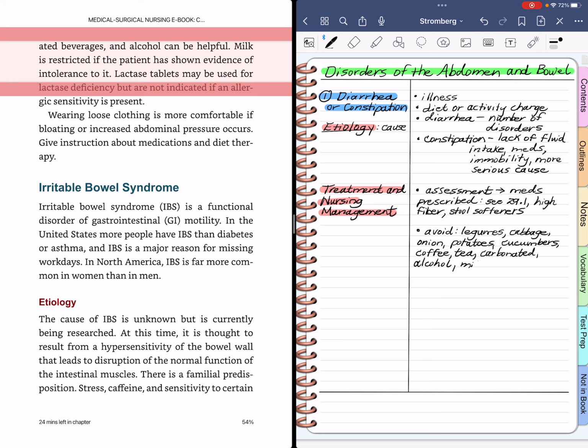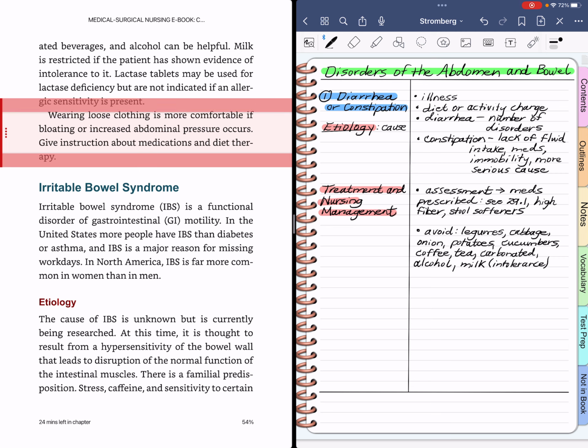Milk is restricted if there is intolerance to it. Your instructors, who are very fine nurses, may have other recommendations that you would want to add here. Whatever works for you and your class. And I think your nursing instructors can give you much more advice on how much detail you need.